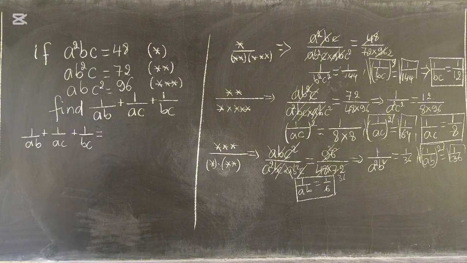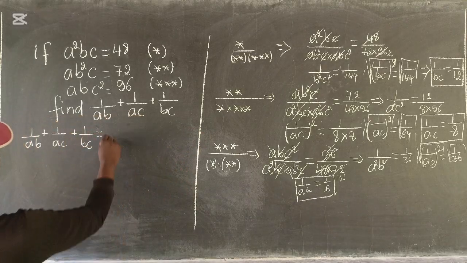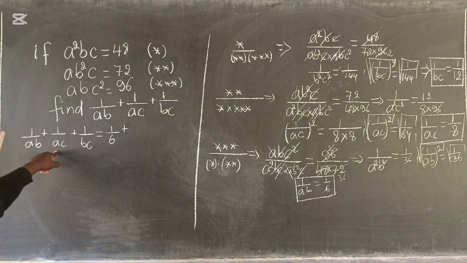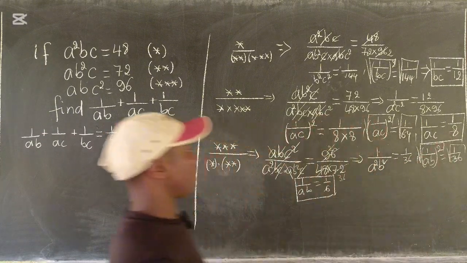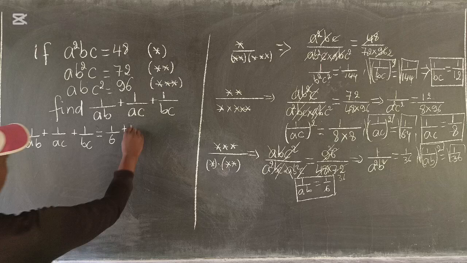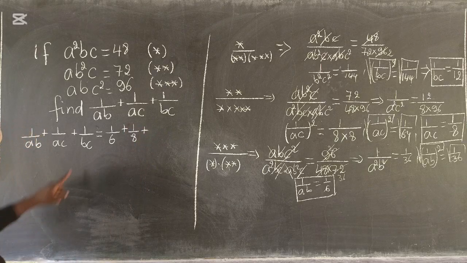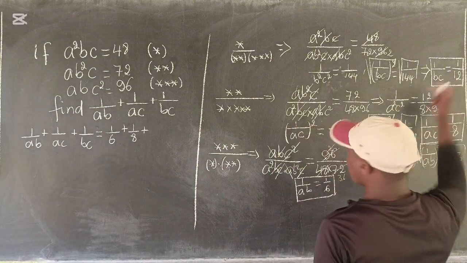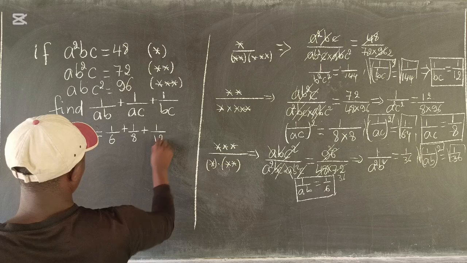The reciprocal of AB is 1 by 6, plus the reciprocal of AC, which is 1 over 8, plus the reciprocal of BC, which is 1 by 12.